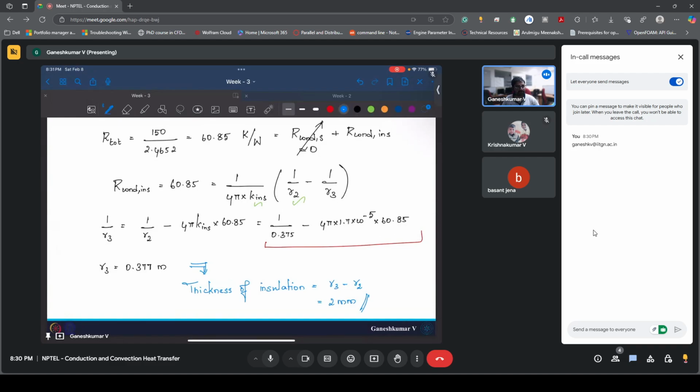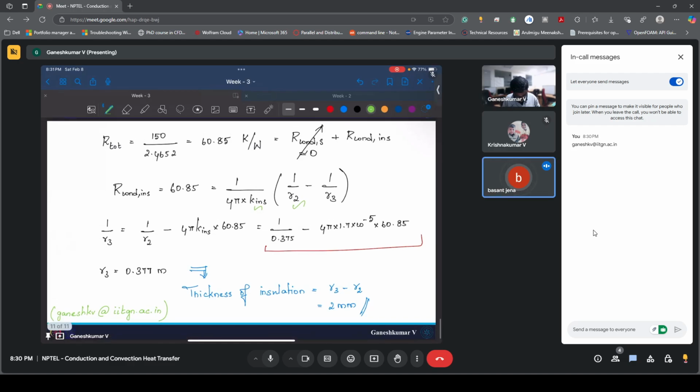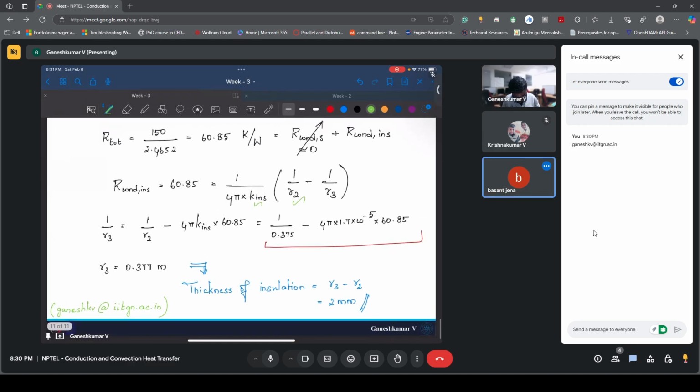Check the messages of this Google Meet. Or I will just write it here. Ganesh KV at the rate iitgn dot ac dot in. Okay, IIT Gandhinagar, IITGN.ac.in.